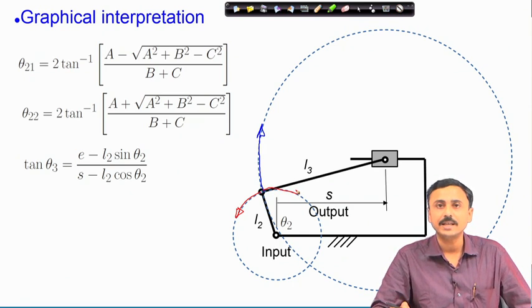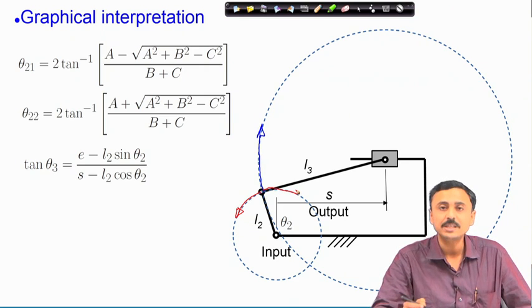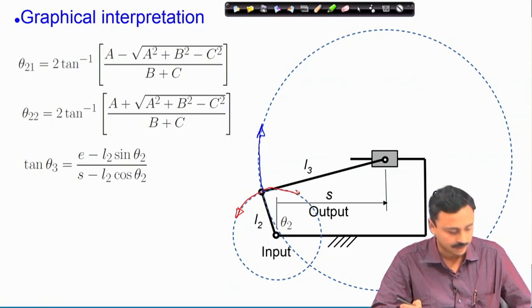Therefore, the mechanism can be assembled whenever these 2 points coincide, which means they are the intersection of the 2 circles.